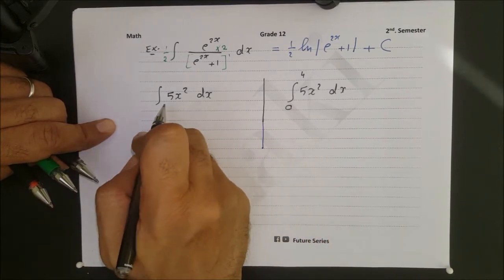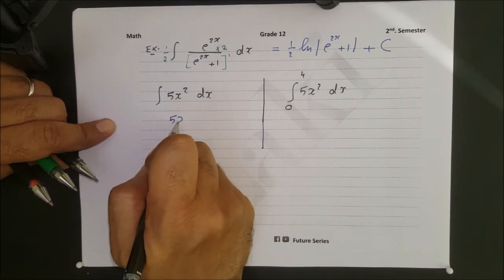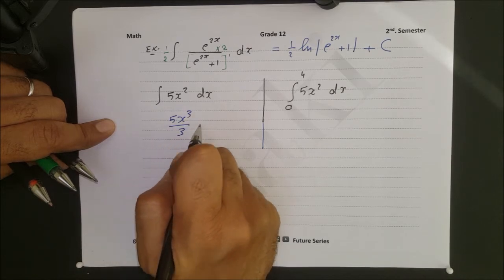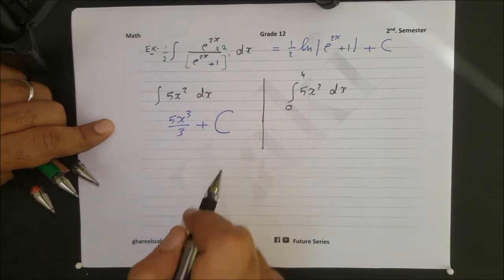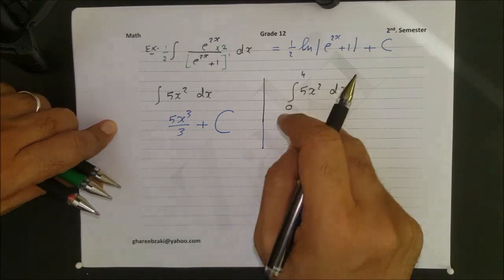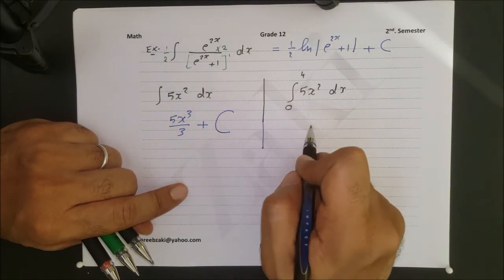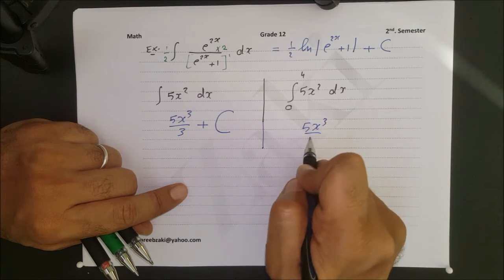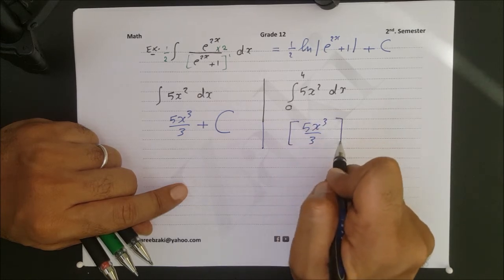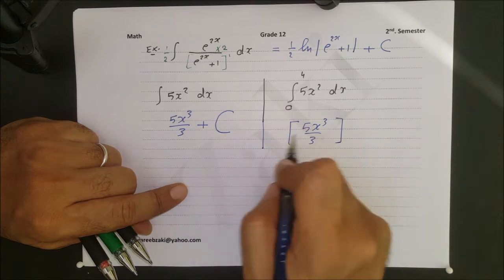In this one, we add 1 to the power, divide by the new power, but we have to write the constant c. In this one, the integration of 5x squared is 5x cubed over 3, but we don't write plus c.